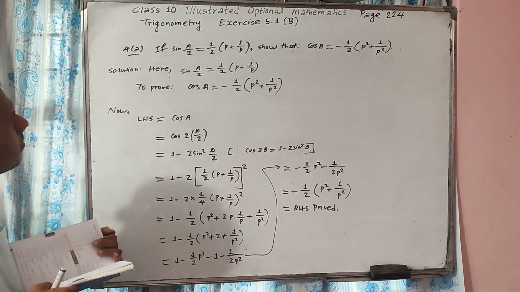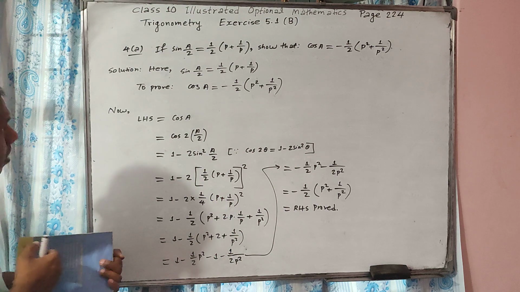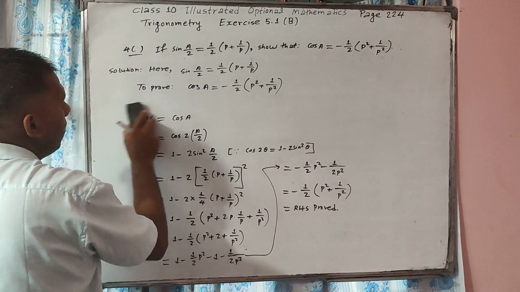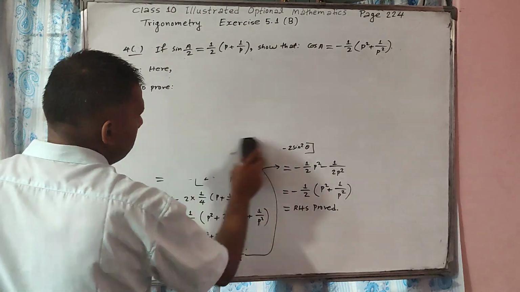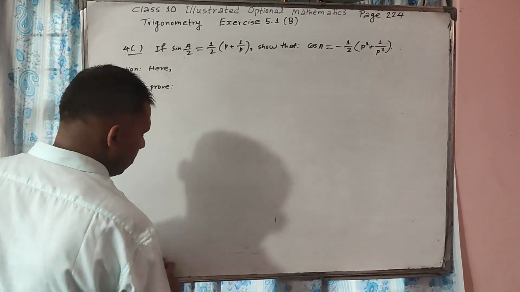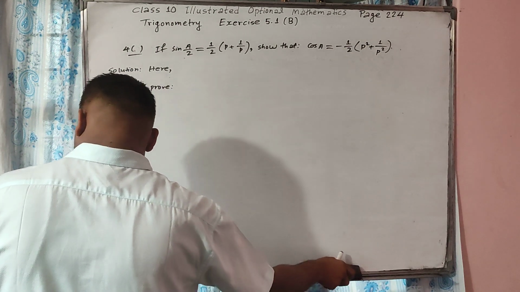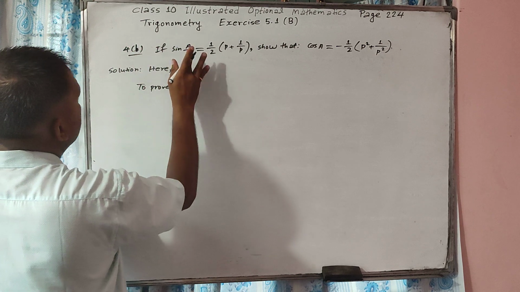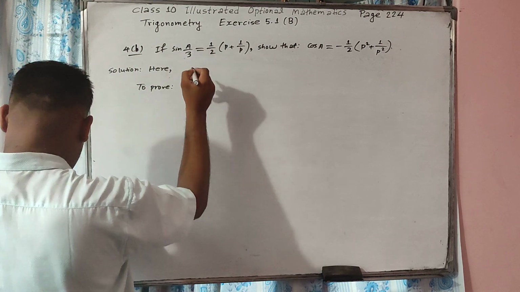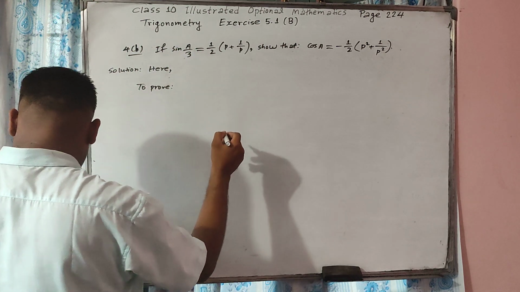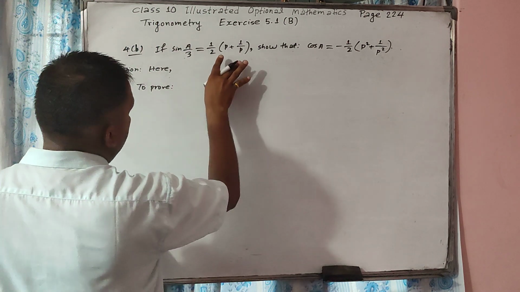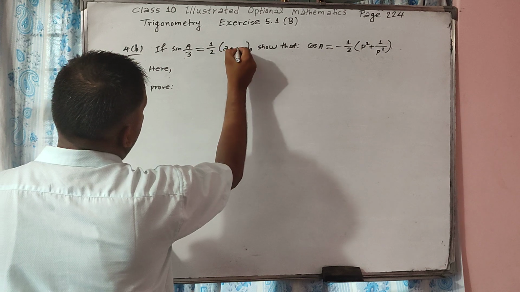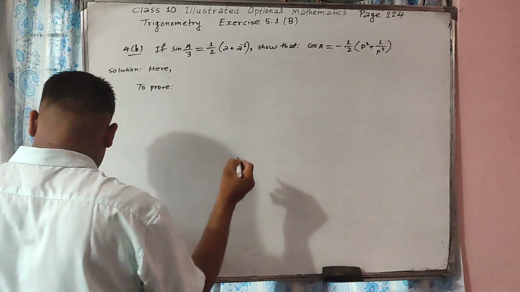Now, question number 4b. In 4b, we have sin a by 3 equal to 1 by 2 times a plus a to the power minus 1.